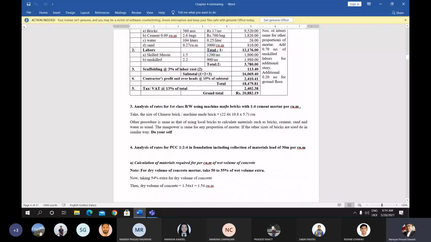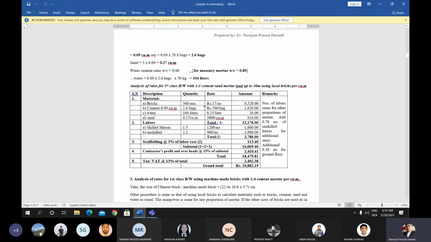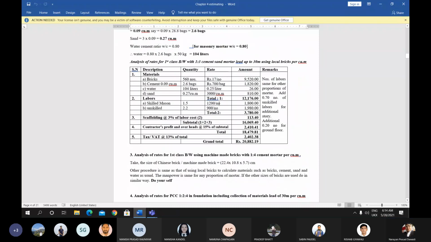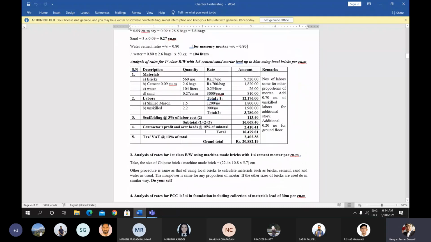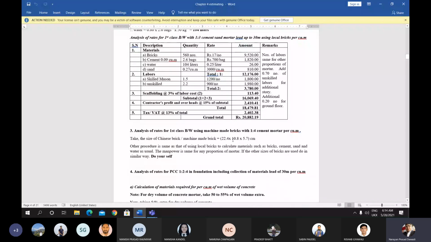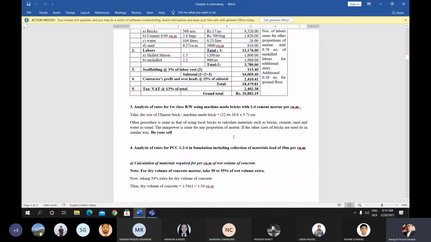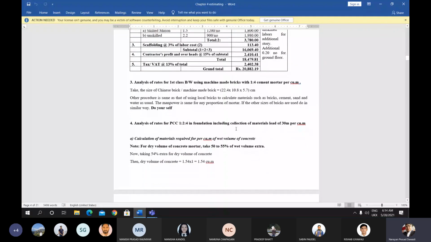For the machine-made brick, you can use it in a similar way. Instead of providing the size of the local brick, you can use the size of Chinese brick or machine-made brick as follows, and do the procedure in the same way.